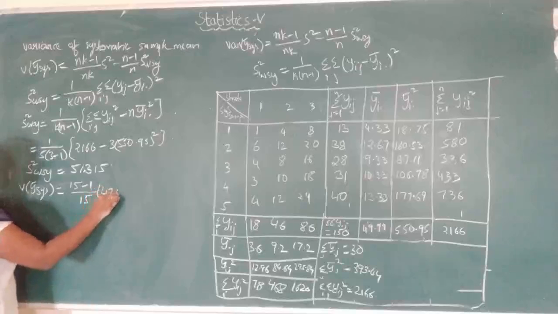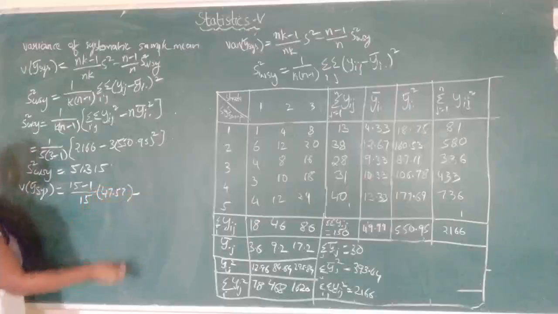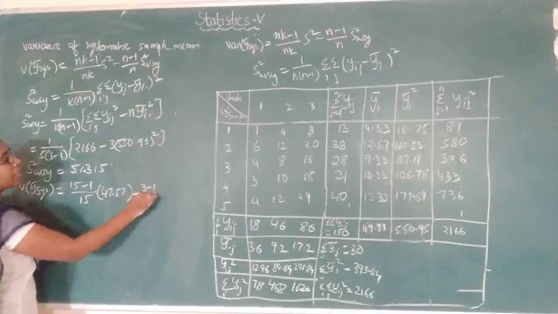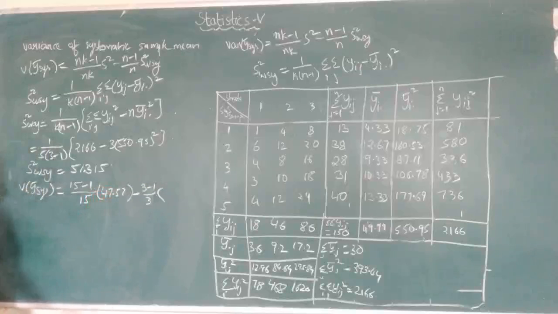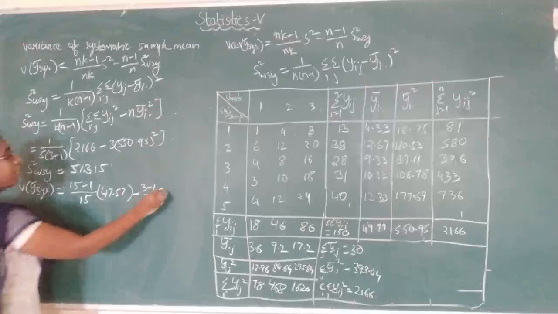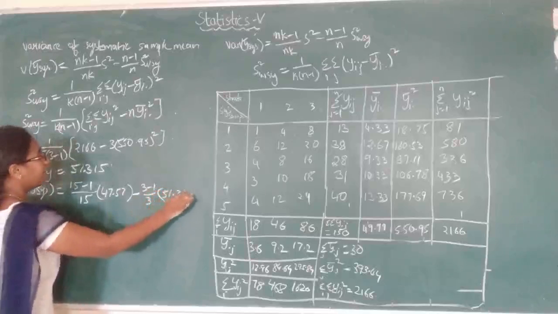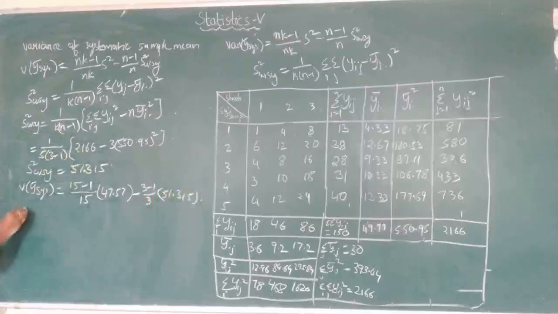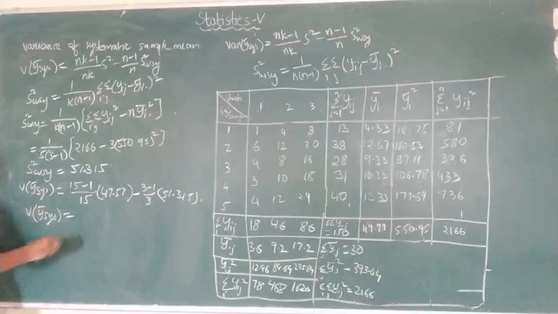So 47.57 minus n minus 1, that is 3 minus 1 by 3 into S square wsy value, we got it as 51.315. Now solve this, we get the variance of the systematic sample mean as 10.19.